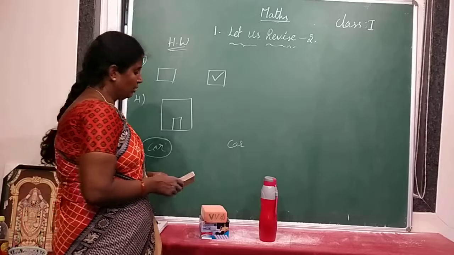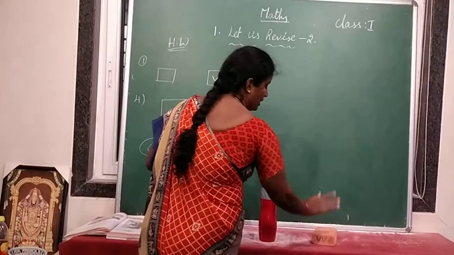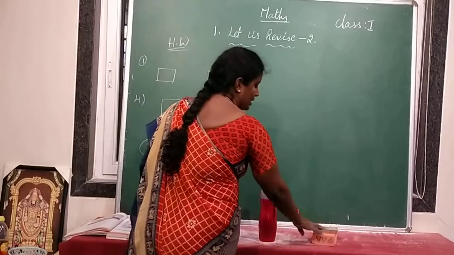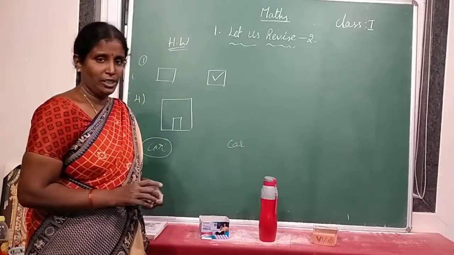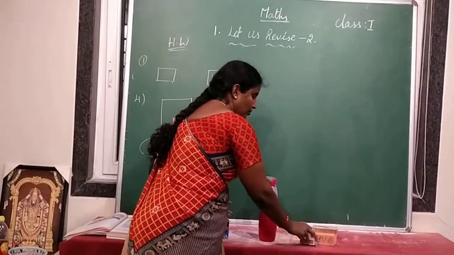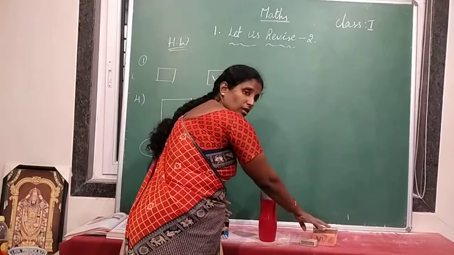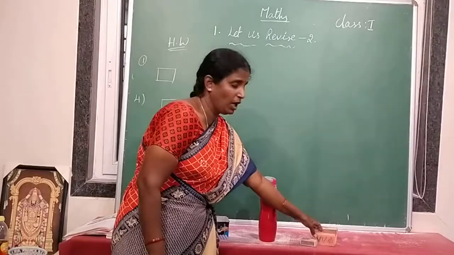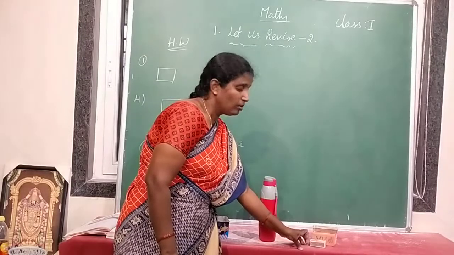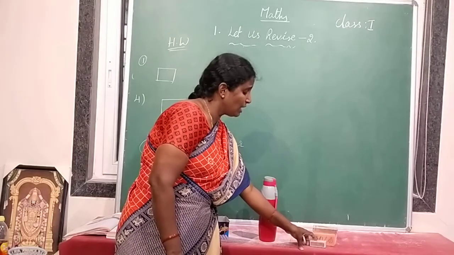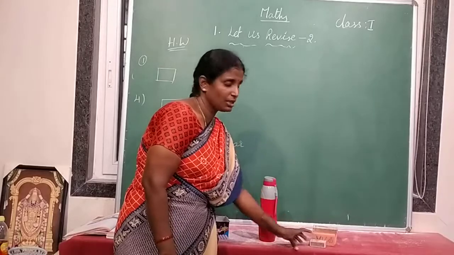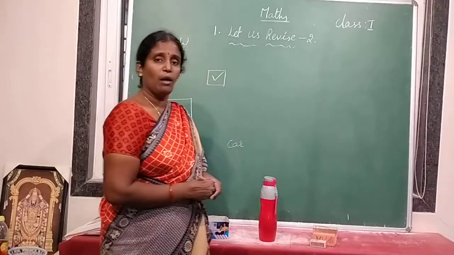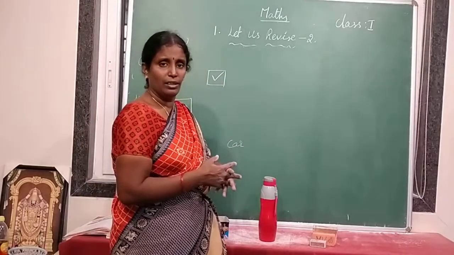So this is duster. On top of this duster I kept one matchbox and bottom of the duster also I kept one matchbox. So which one is on the top? Bigger one or smaller one?